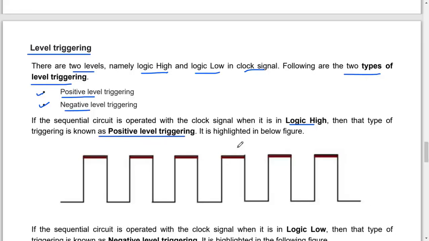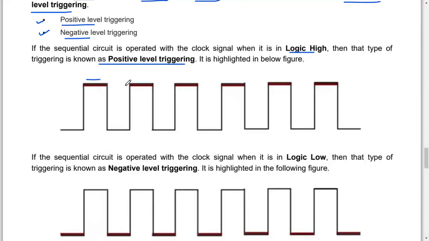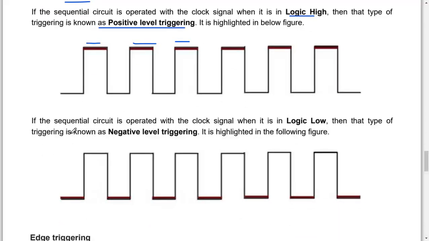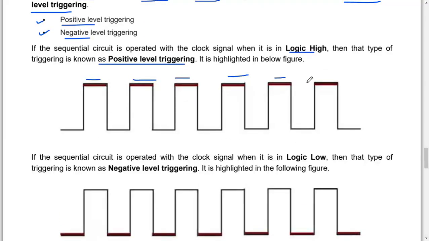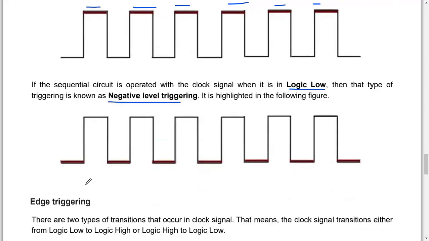It is highlighted in the below figure. If the sequential circuit is operated with the clock signal when it is in logic low, then the type of triggering is known as negative level triggering. It is highlighted in the following figure.